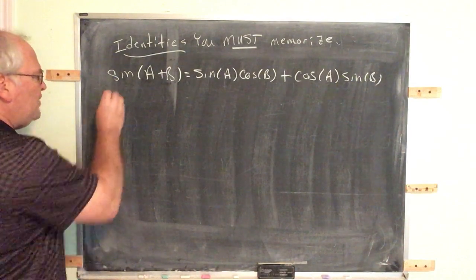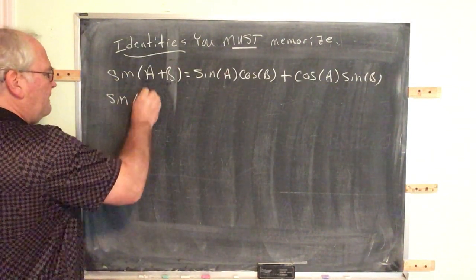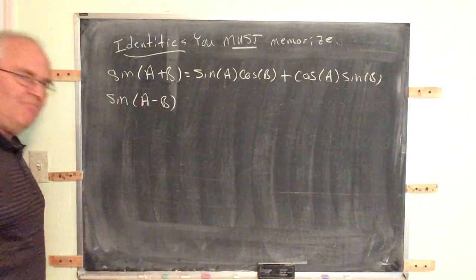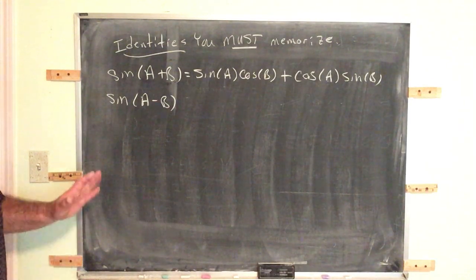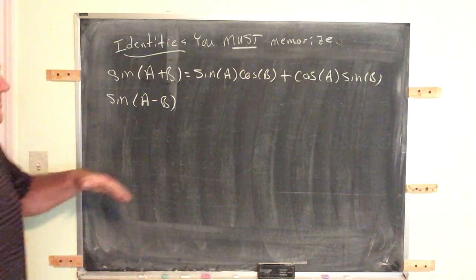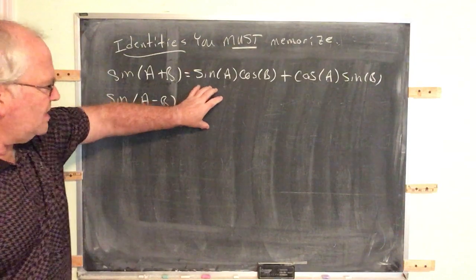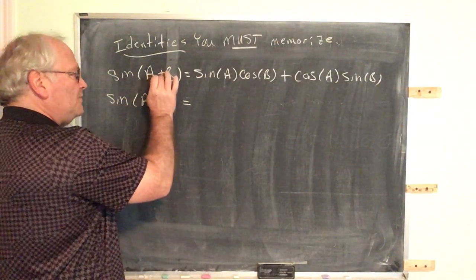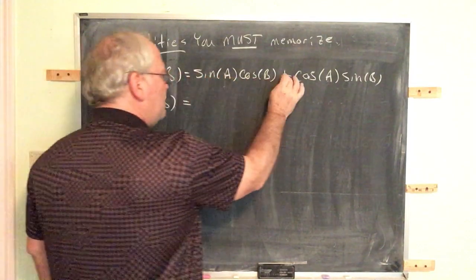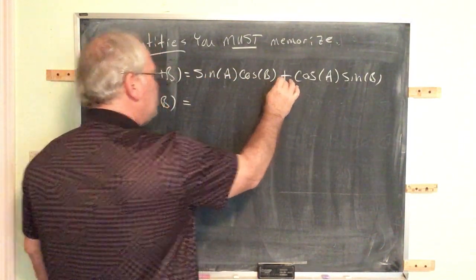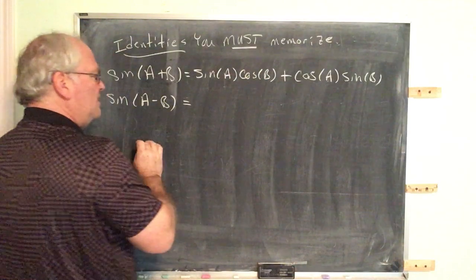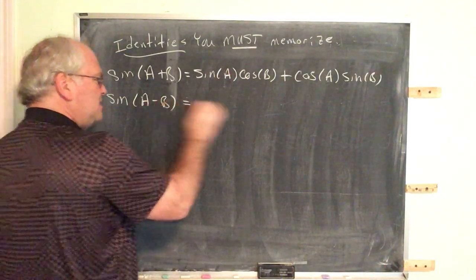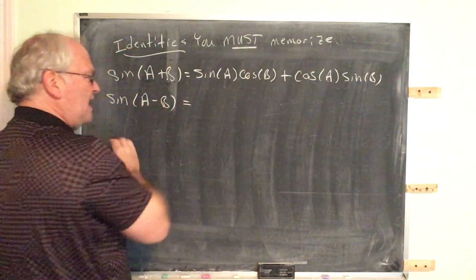Now, there is also sine of A minus B. And it turns out that this is the same. It's still sine, cosine, cosine, sine. If this is plus, this is plus. If this is minus, this is minus. So it's the same sign.